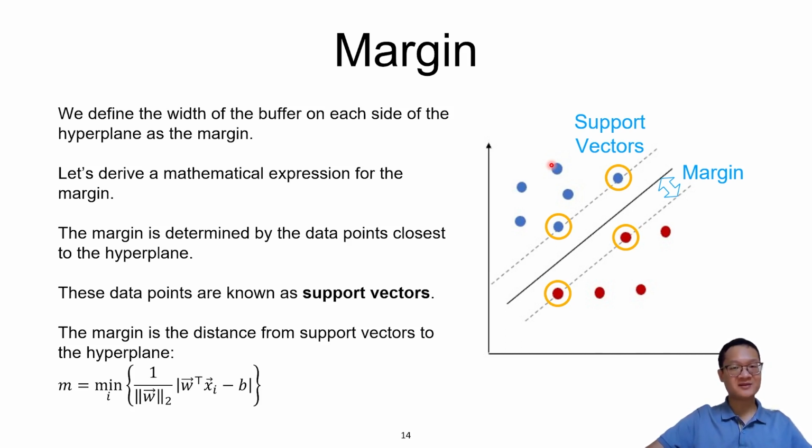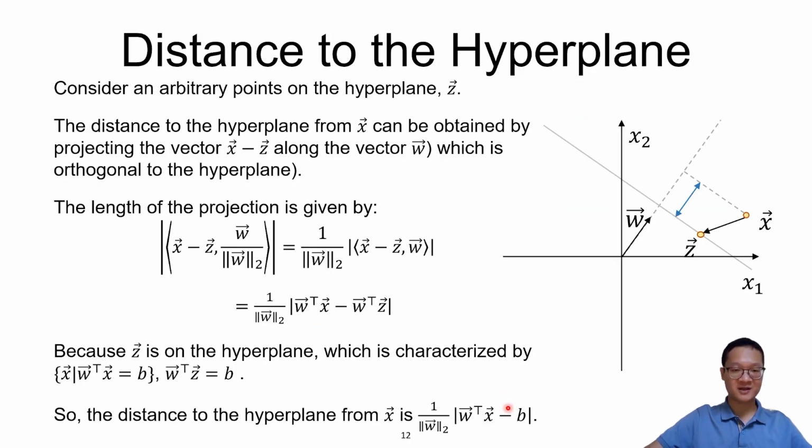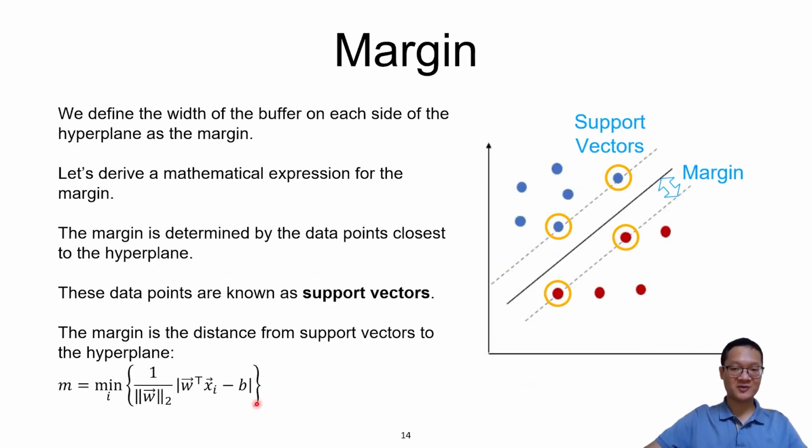Previously, we derived the formula for the distance between any point x to the hyperplane. So that was over here, right? From any point x, the distance from x to the hyperplane is going to be given by 1 over the 2 norm of w times the absolute value of w transpose x minus b. So we copy that over here. And now we're going to consider xi, which is the ith data point.